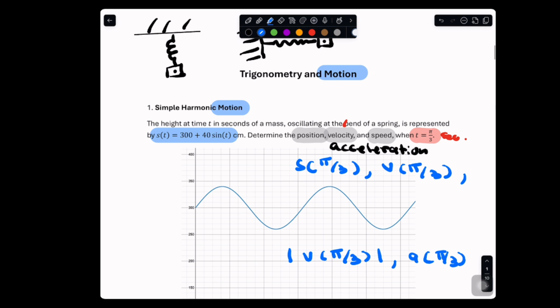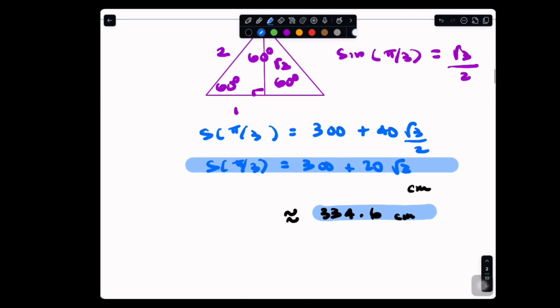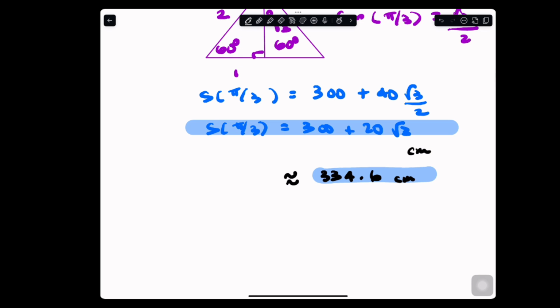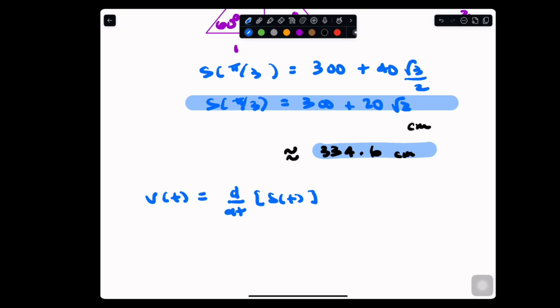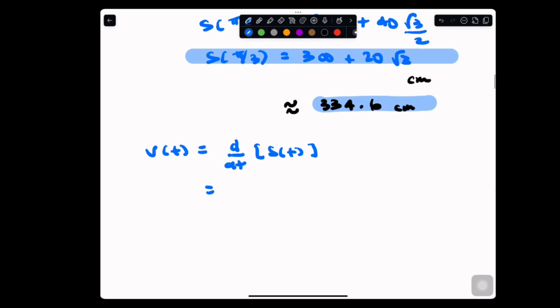How do we get the velocity? Well, what do you do with velocity? The definition of velocity is the derivative of the what? Position function. So what was that position function?